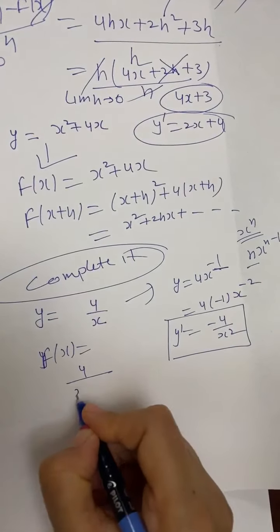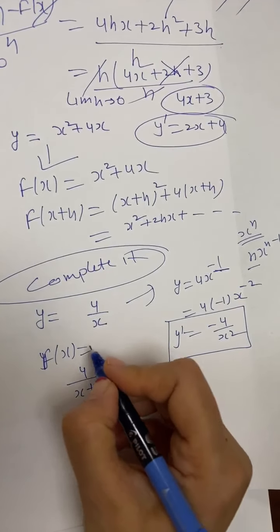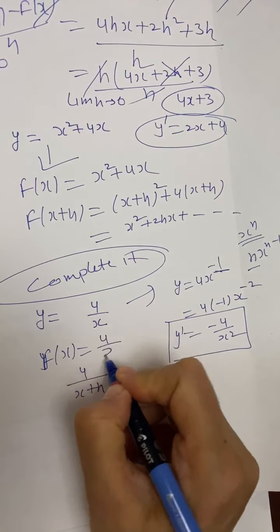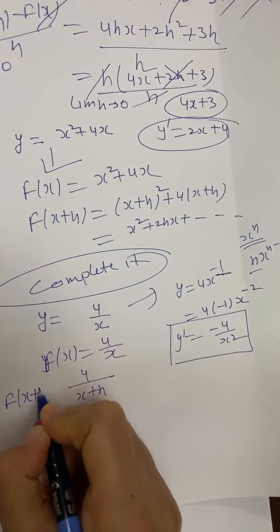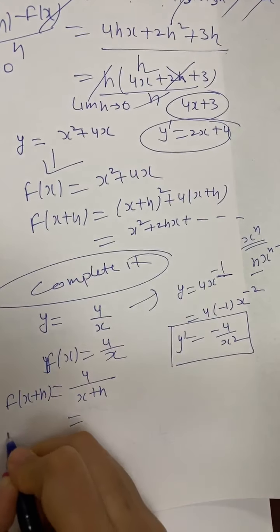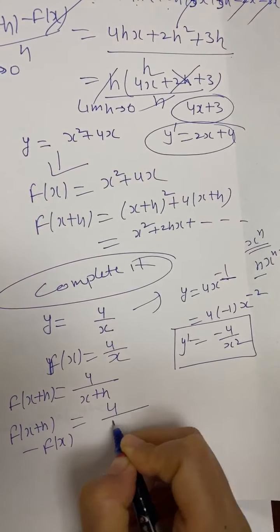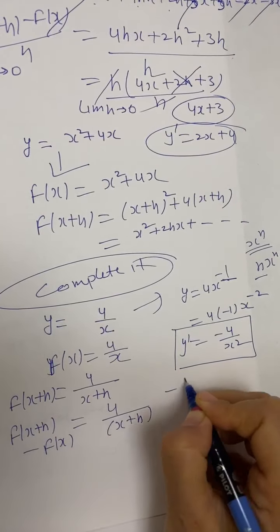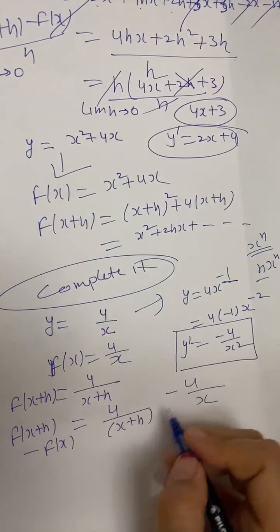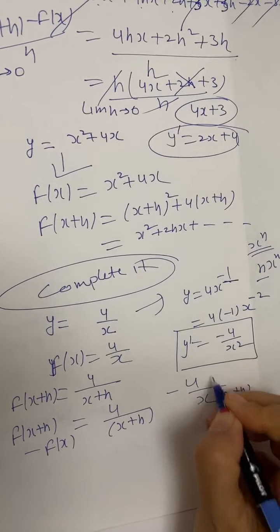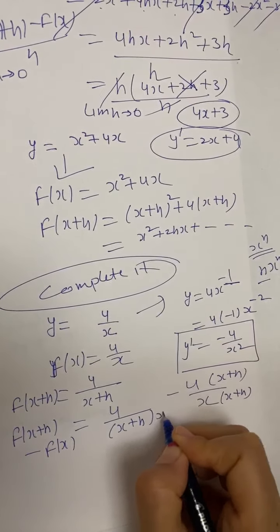So if I do it, this is x plus h, which is f of x plus h. And the next step we need to do is f of x plus h minus f of x. So that is 4 over x plus h minus 4 over x. I'm using brackets here, notice. And now we need to make the denominator the same.